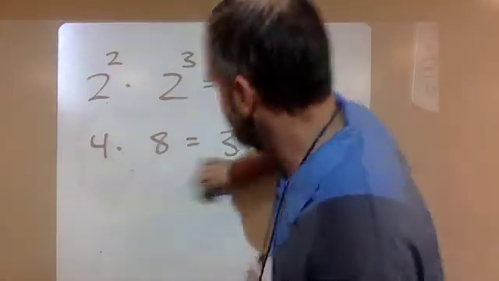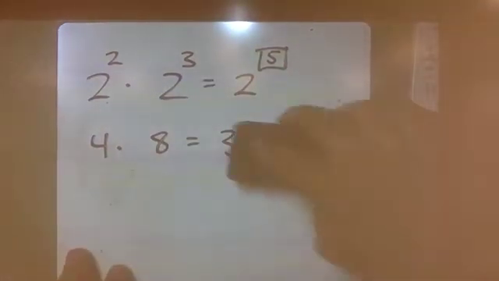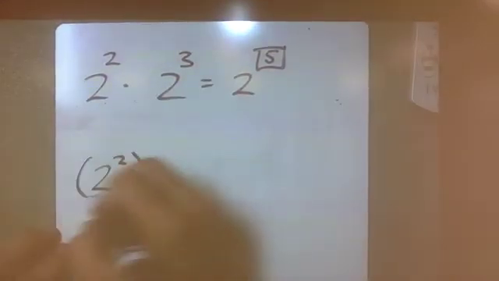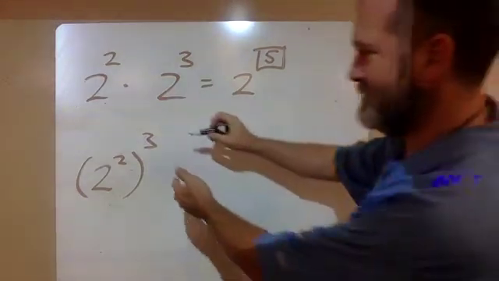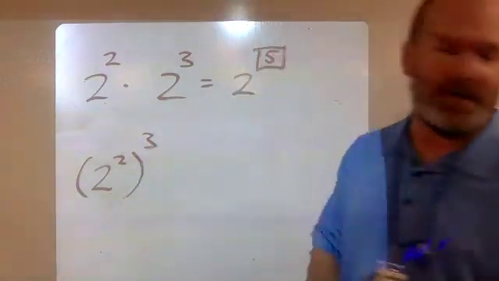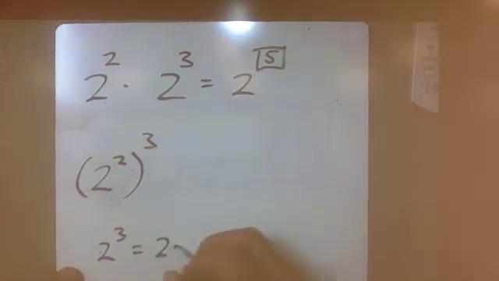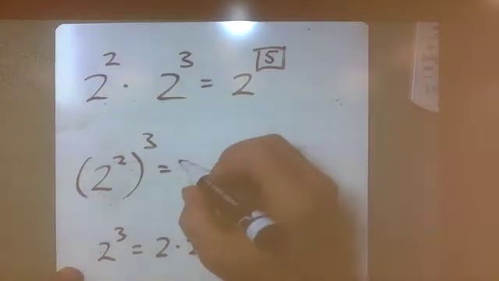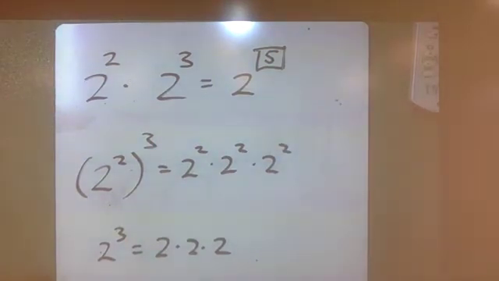Okay, when do you multiply these together? There is a time when they get multiplied together. And it's this occasion right here. If you have 2 squared raised to the third power, whenever you raise something to a third power, you're multiplying it 3 times in a row. So just like 2 to the third was equal to 2 times 2 times 2, 2 squared to the third power is equal to 2 squared times 2 squared times 2 squared.